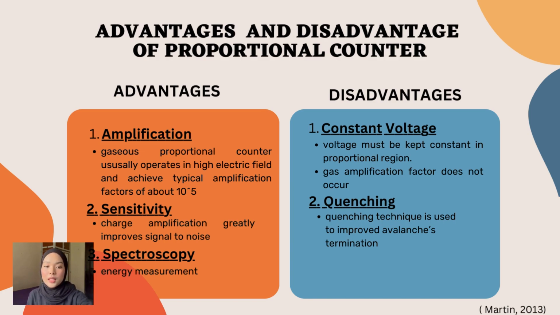And the final advantage is that proportional counters are capable of particle identification and also energy measurement or spectroscopy. So the disadvantage of proportional counter is constant voltage, which must be kept constant when instruments are operated in the proportional region. And the final disadvantage is quenching. So quenching is actually the technique used to improve the avalanche termination.